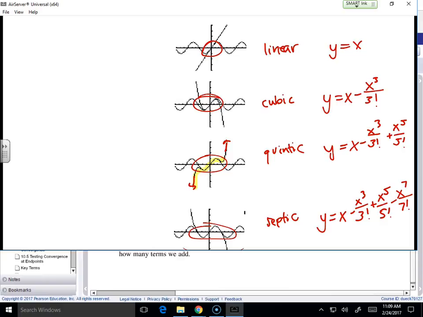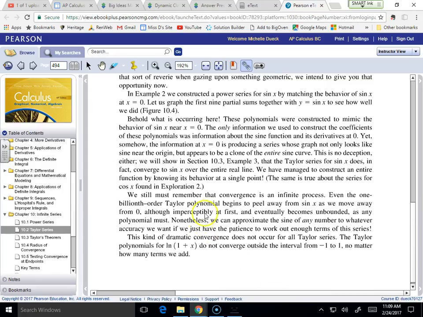So it could be from a minimum to infinity or from a maximum to -infinity, but they're still unbounded. Or all odd functions like the one that you see here are going to be unbounded in opposite directions, which would be infinite. So they're saying, okay, even the 1 billionth, it's going to be following the sine curve for a long time, but eventually it is going to go to infinity and -infinity.